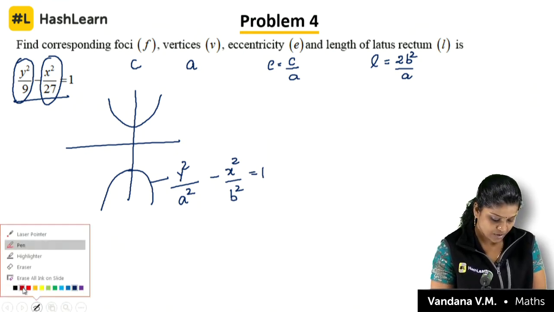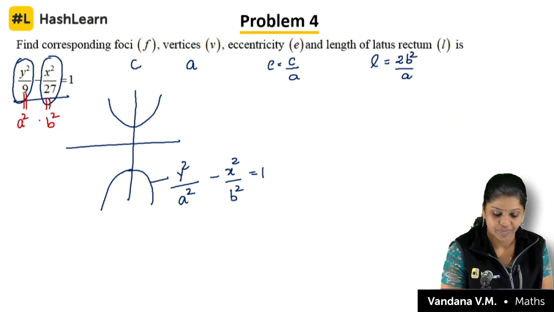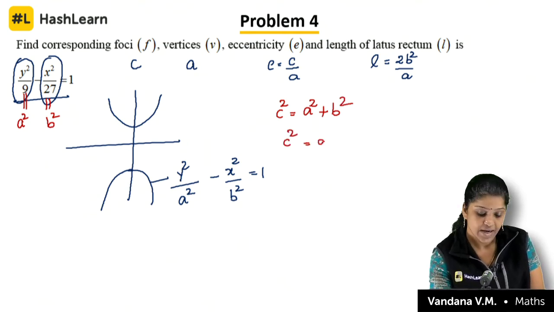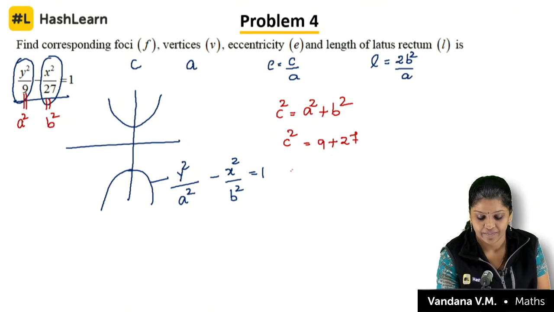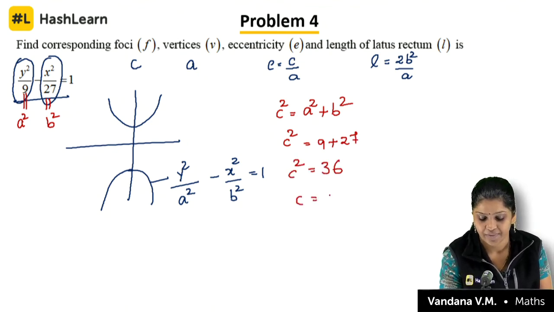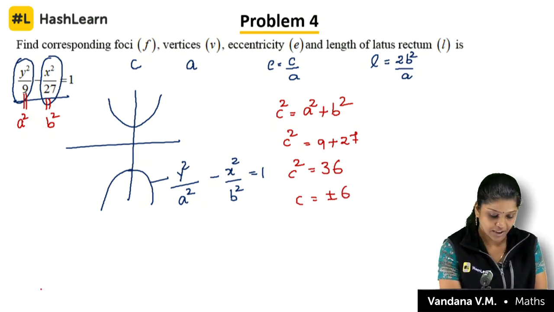Now, compare. This is your a square value, this is your b square value. Now, it is very simple to find out the c value. c square is equal to a square plus b square. So, c square is equal to 9 plus 27. So, c square is equal to 36, c is plus or minus 6. How will you write it? That is very important.